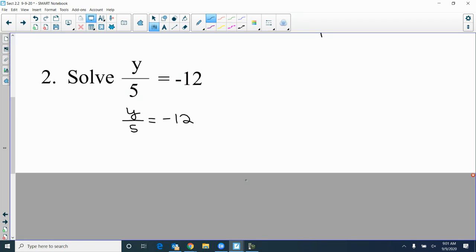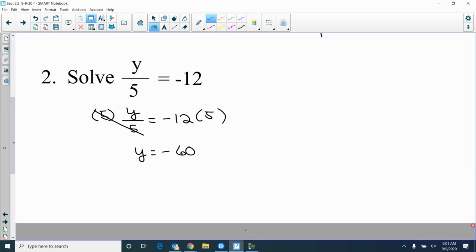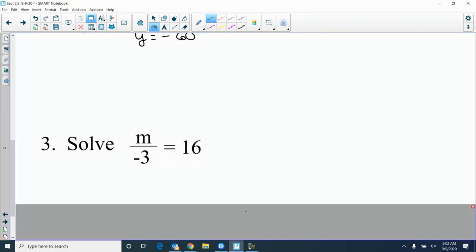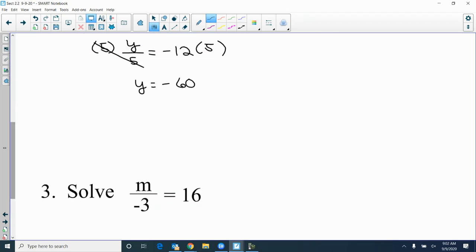Multiply both sides by 5. So put it over here on the side, put it over here on the side. The 5's cancel, and you're left with y equals negative 12 times 5. Preston, let me know what you get for that. Negative 60. Okay, negative 60 is correct.